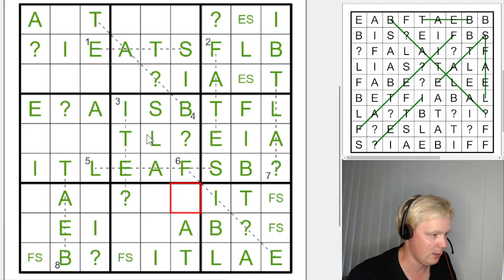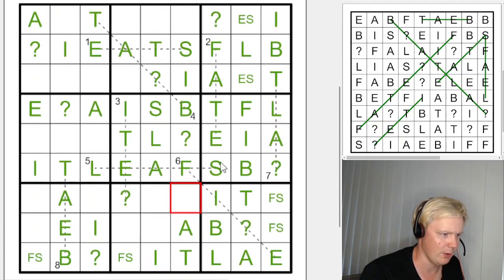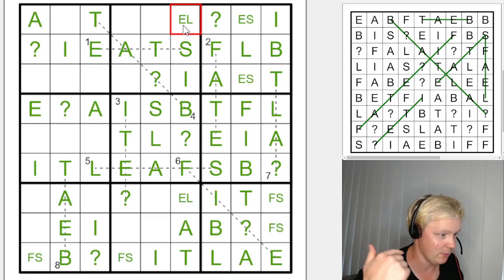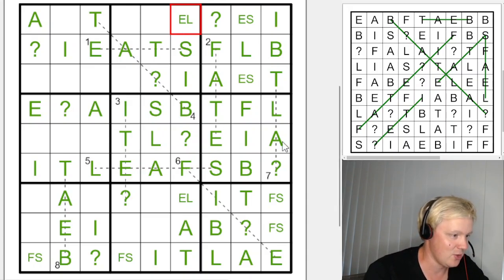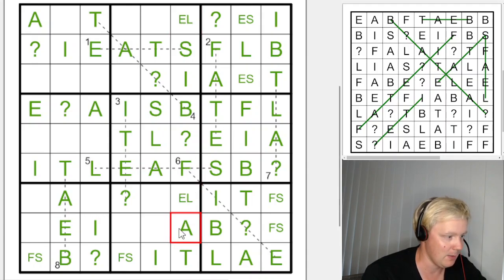Okay, so E and L. Maybe I said the wrong thing. If I did, sorry. Sometimes I look back at these videos and I say the completely wrong thing, even though I'm thinking the right thing. And it's just the way it is. But yeah, E, A, and L were the letters we were looking for here. And A couldn't be in either of these, so these are E and L, and A must be here because that's the only place an A can be in this column.